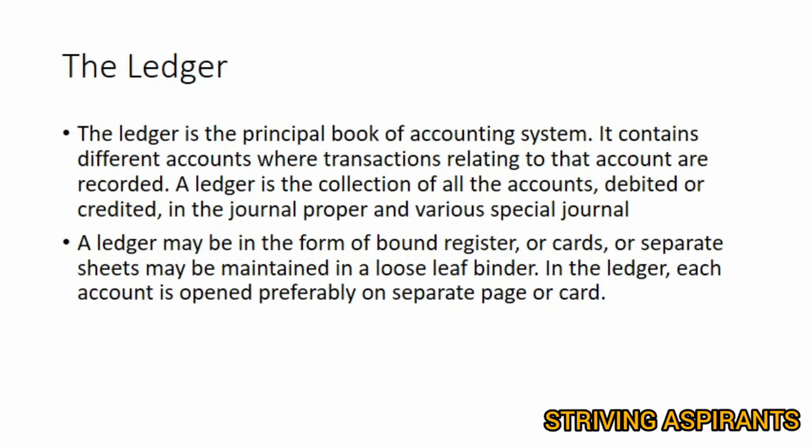After entering all the entries in the journal, we then go to the ledger. The ledger is the principal book of the accounting system. It contains different accounts where transactions relating to that account are recorded. For example, in the cash account, we will only concentrate on cash-related transactions: cash payments, cash receipts, cash purchases, cash sales.